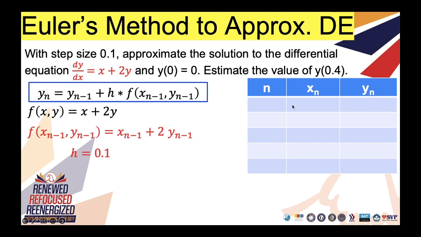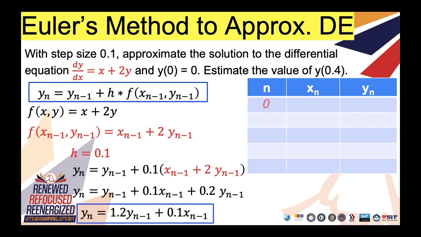All right. So from here, we start with n equal to 0. By the way, before we start with this, you can actually simplify this one by putting it in your Euler's method formula. So you now have y sub n equal to y sub n minus 1 plus the value of h, which is 0.1, times the resulting dE.